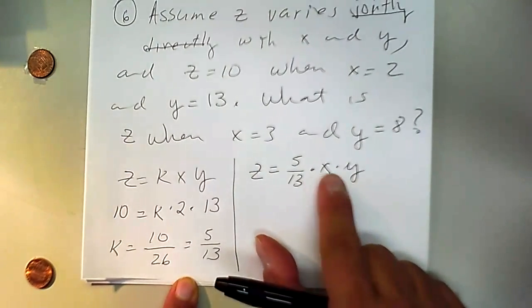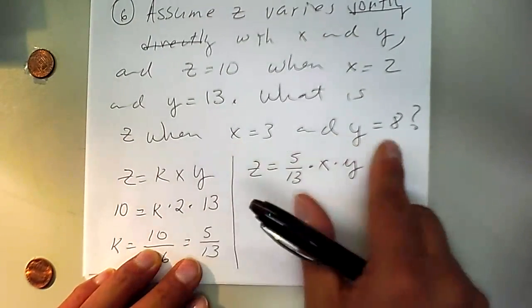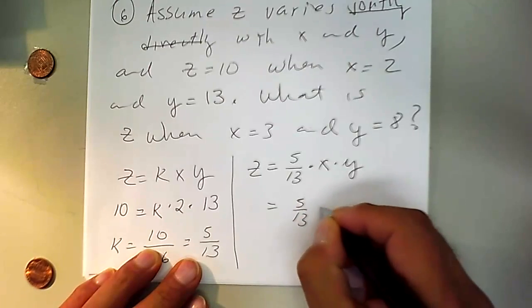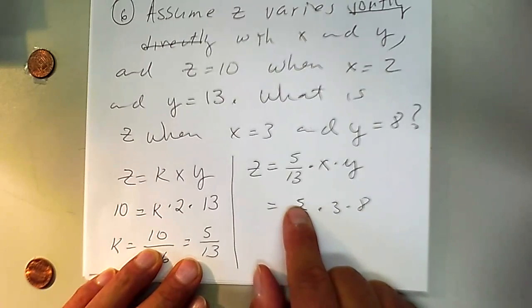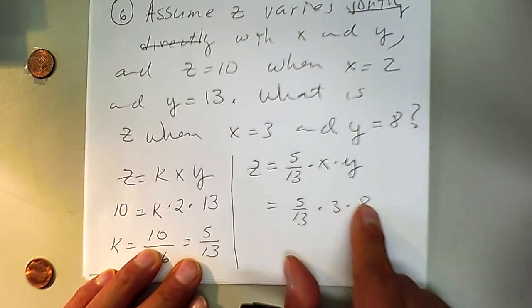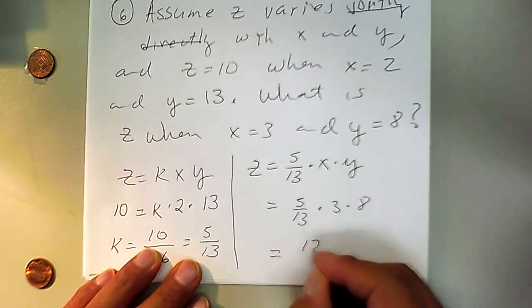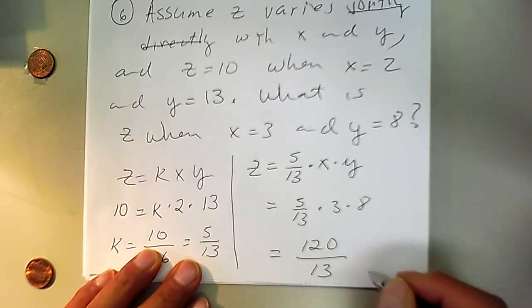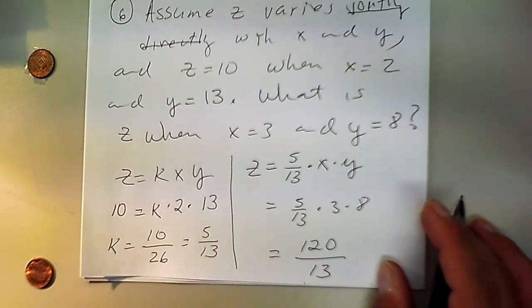Typically, we don't put the dots like that. I'm just emphasizing. X is 3, y is 8. So 5 over 13 times 3 times 8. So 5 times 8 is 40, times 3 is 120. So the answer is 120 over 13, which is less than 9. No, less than 10, but not less than 9.